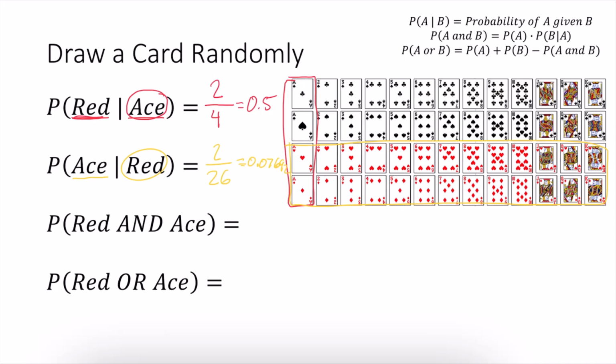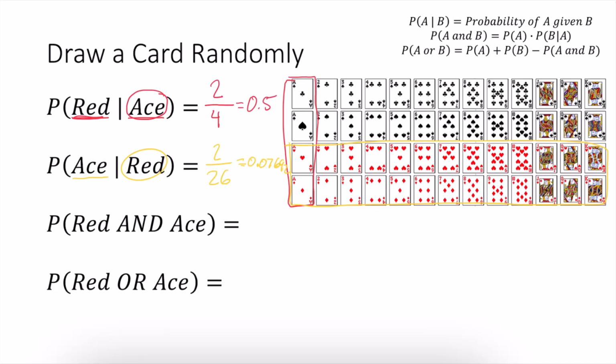That would be the probability of drawing an ace given that you draw a red card. You can see those probabilities are very different. The probability you draw a red card given you draw an ace is 50%, versus the probability that you draw an ace given that you draw a red card is like 7 or 8%. So very different there. And just remember with the given probability, you're finding the probability of the first thing, assuming that the second thing happens.